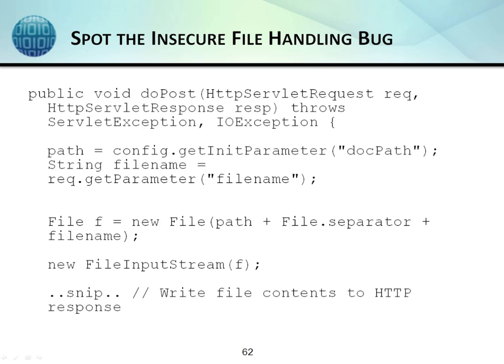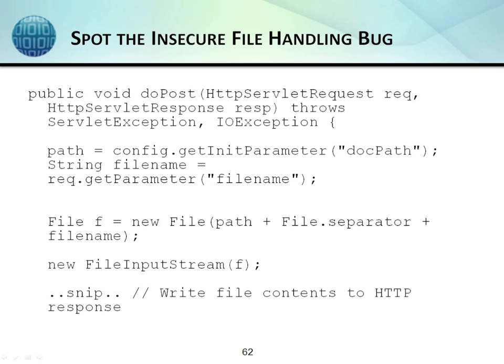Okay, so does anyone see another kind of insecure file handling bug within this code? Yeah, so essentially the code is reading a file off the file system and returning the contents back to the browser.